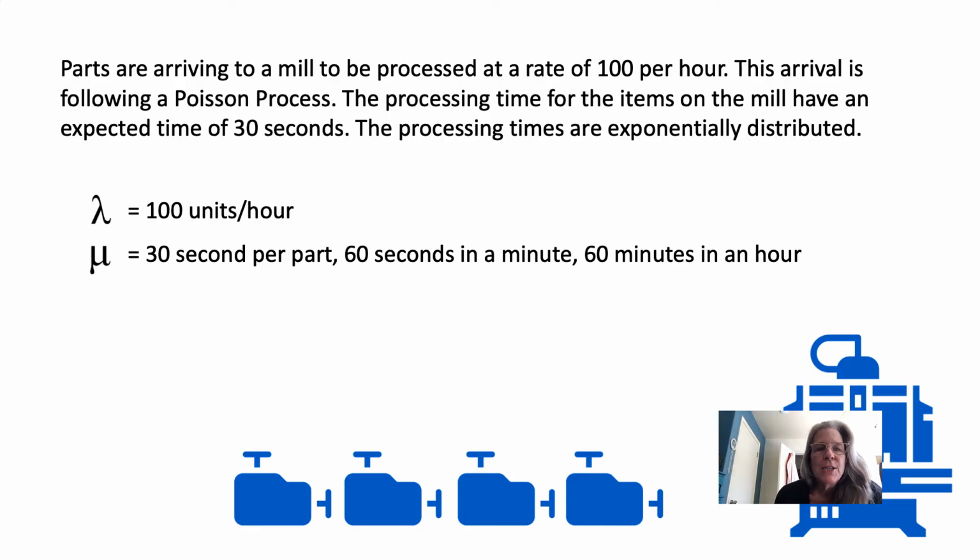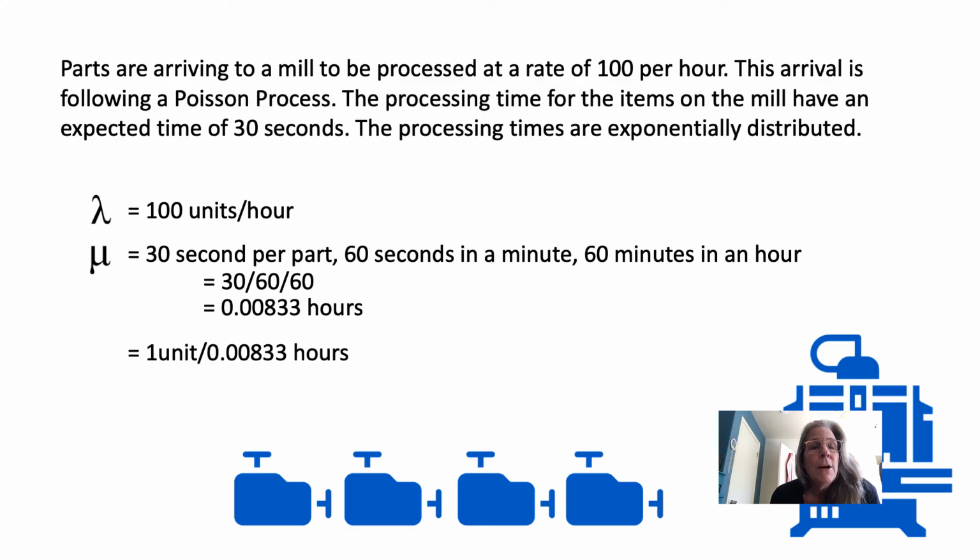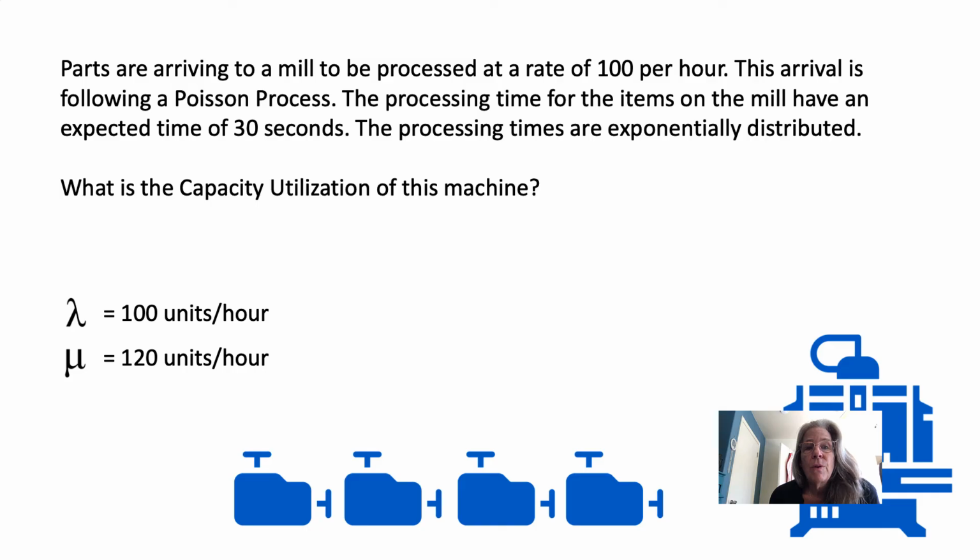So we have to take into account that there's 60 seconds in a minute and 60 minutes in an hour. So that means it takes 0.0083 hours to process a unit, but still that's not quite the right units for mu. The right units for mu is 1 unit per 0.0083 hours, which means 120 units per hour.